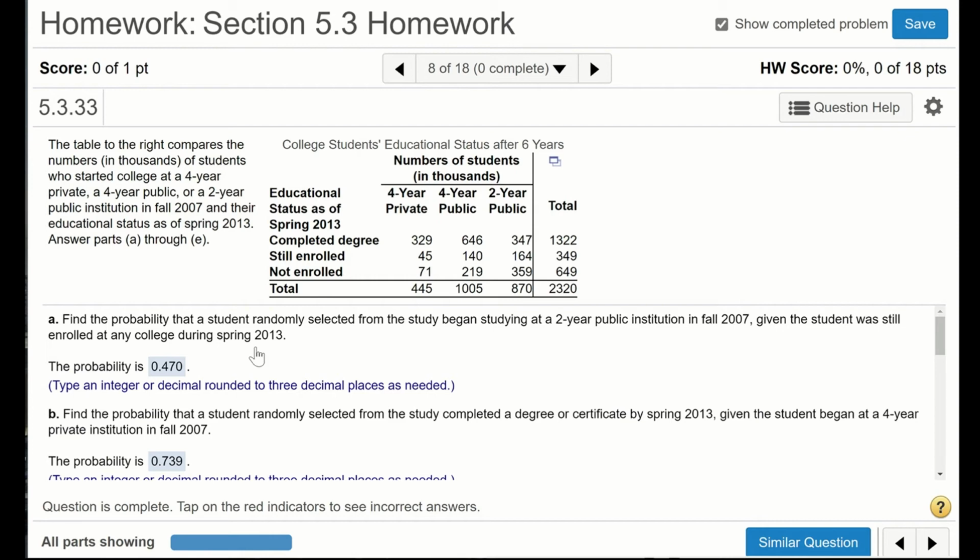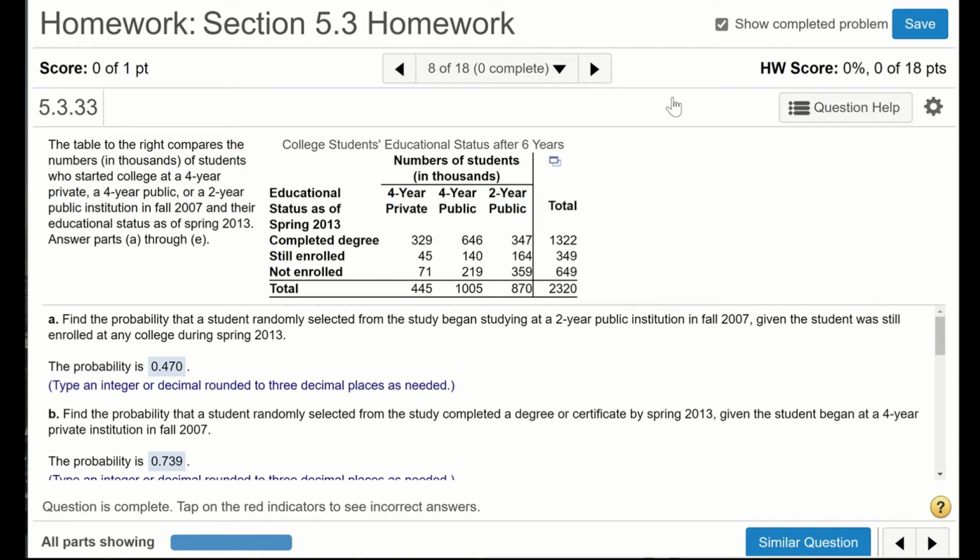So basically, remember, when you're dealing with the probability of E given F, you deal with F first. You look at F because that's what's going to be your restricted sample space. So the student was still enrolled is this row right here.